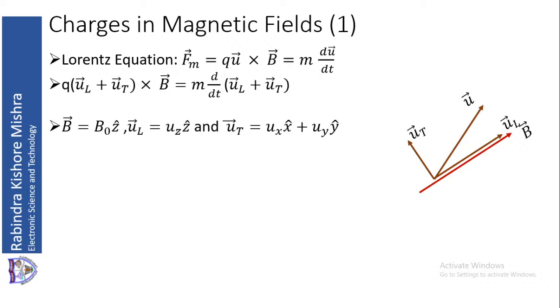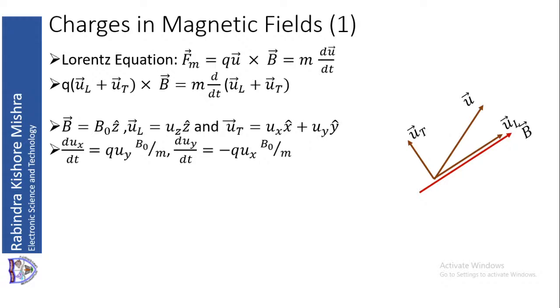Therefore, we can write ut in component form in terms of x and y. So ut will be ux x cap plus uy y cap. So from the generalized situation, we have come to a particular situation.